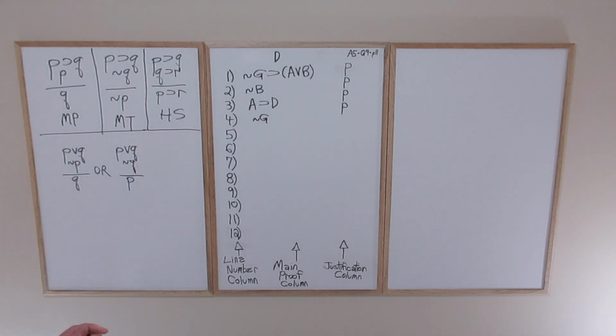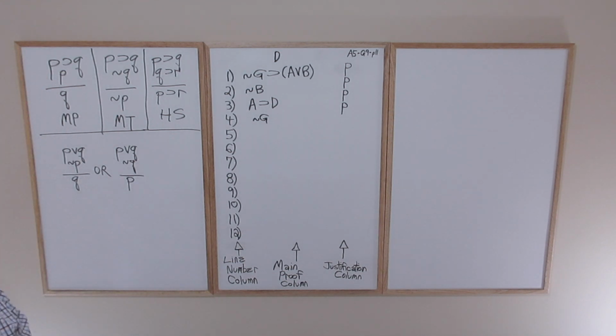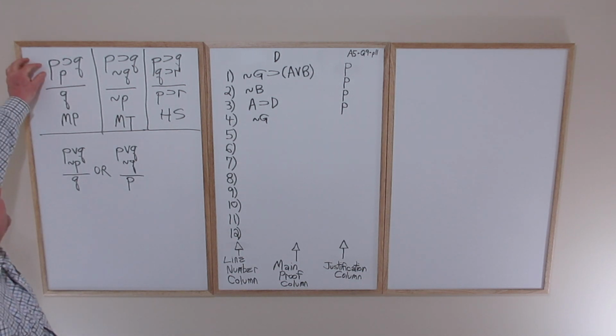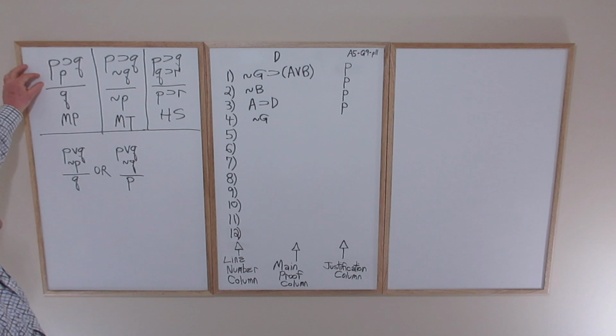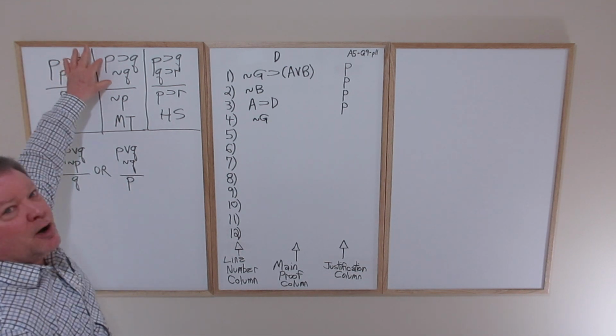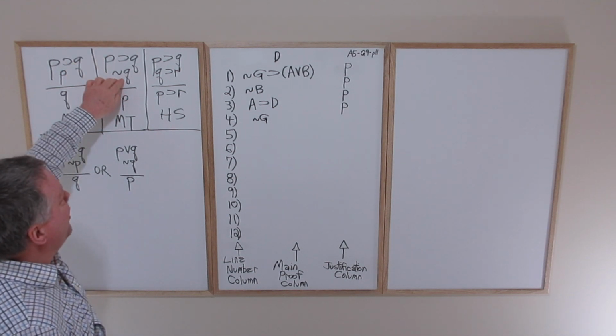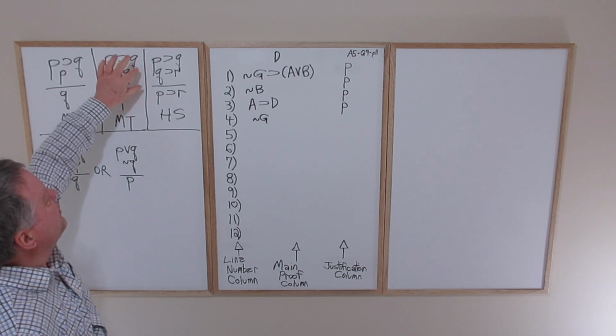So notice, with these four rules, there are always two lines of information above the horizontal line that are configured with each other in a very specific way. For modus ponens, we've got some conditional and its exact antecedent. With modus tollens, we've got some conditional and its exact consequent with a tilde in front of it.